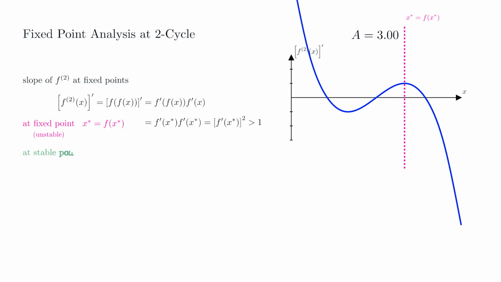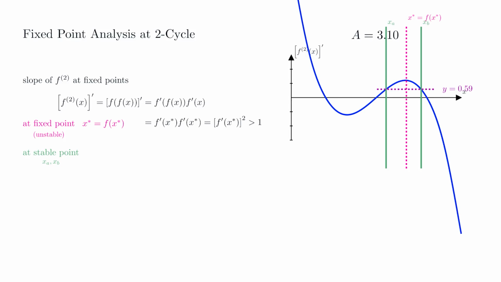At the stable points of the second iterate function, which were either what we called xa or xb, let's again evaluate the derivative. Let's look, for example, at the derivative of f2 of xa. Again, applying just the chain rule of calculus, this is f prime of f of xa times f prime of xa.